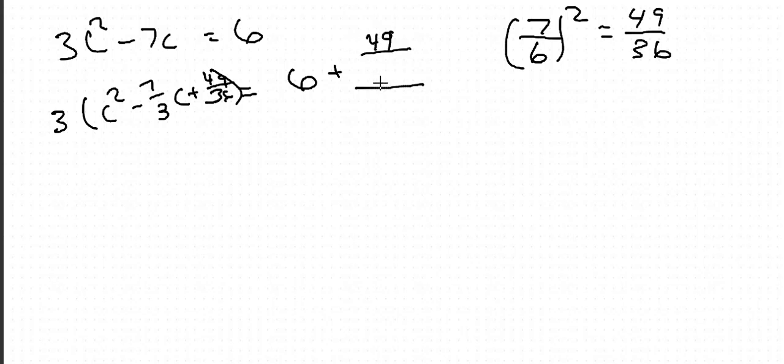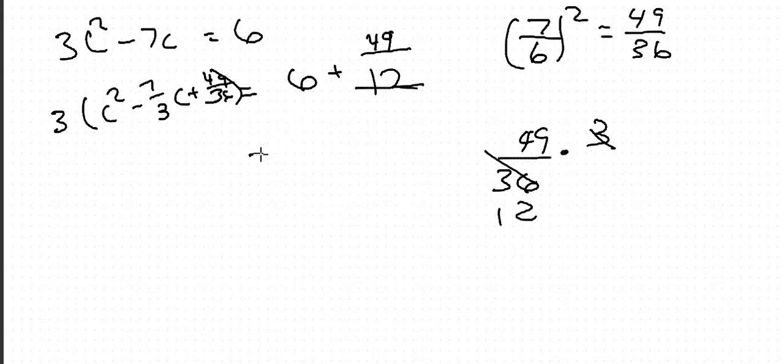So would it be 49/36 times 3? Do not multiply those two numbers together. Cross cancel. 12. Right. 49 over 12. Now I have to make this all one fraction first.